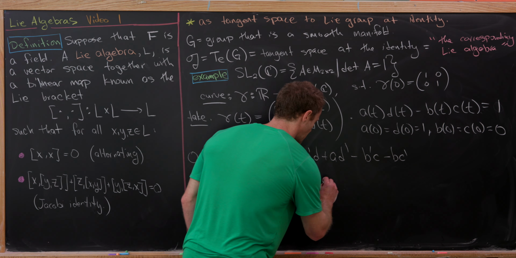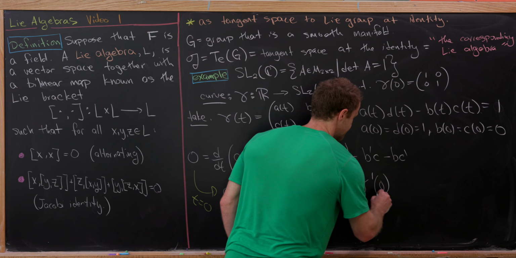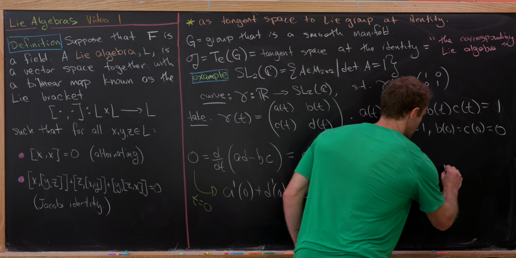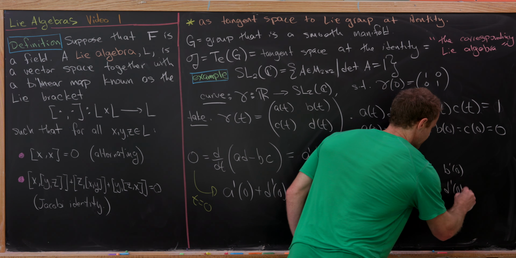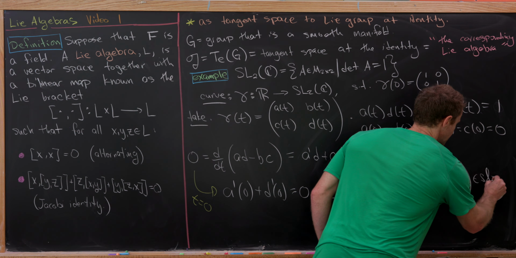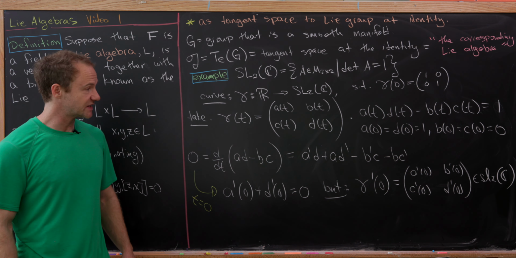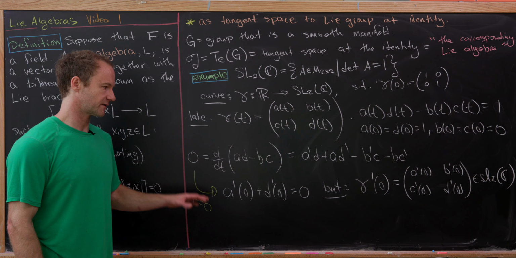But let's also recall that this element gamma prime of 0, which is equal to A prime of 0, B prime of 0, C prime of 0, D prime of 0, is by definition inside of this Lie algebra, because that's in the tangent space at the identity based off of how we took this curve.